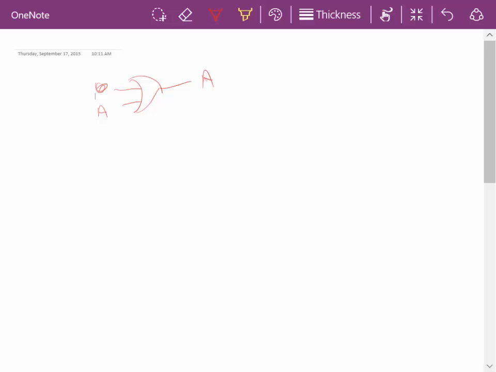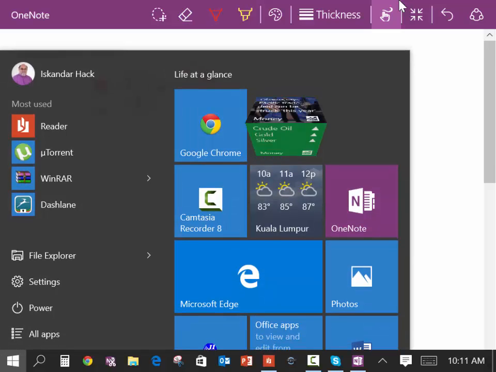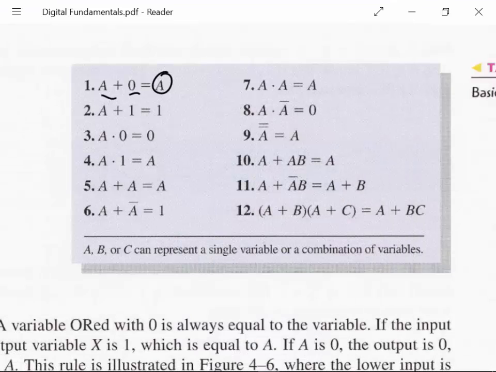So as we go back to the table, the next one says that if I OR anything with a 1, the output is going to be 1. We don't care what A is.